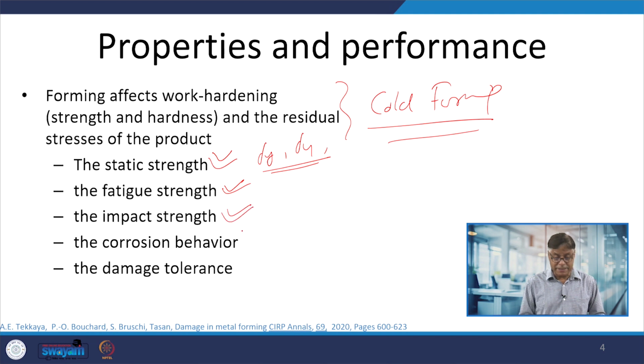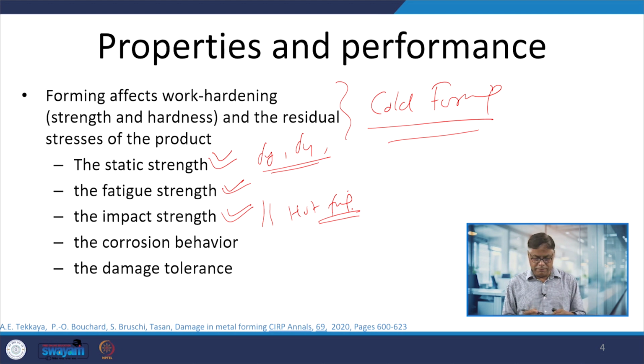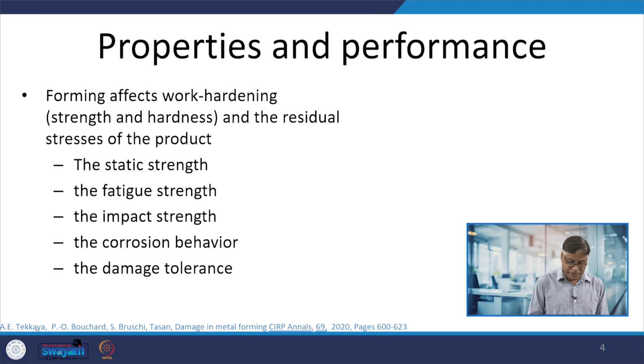Impact resistance is enhanced if there is no major change in the ductility because of the increased yield strength, but this happens very rarely, though certainly it can happen in hot forming, when a refined equiaxed grain structure is achieved. Corrosion behavior is compromised basically because of work hardening, because the work hardening is never uniform across the section. It is more near the surface layers and less in the core. Apart from this, the material changes occurring in the metal can also affect the resistance to corrosion.